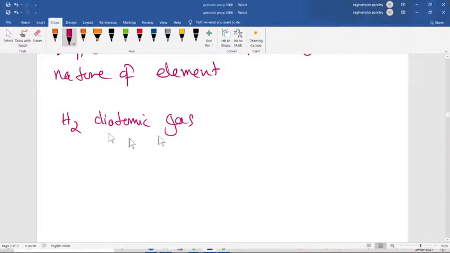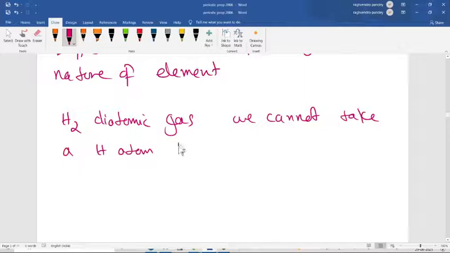It is a rare possibility that we can get hydrogen gas as a single atom, so we cannot take a hydrogen atom to measure its radius.